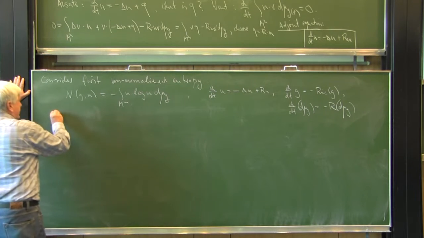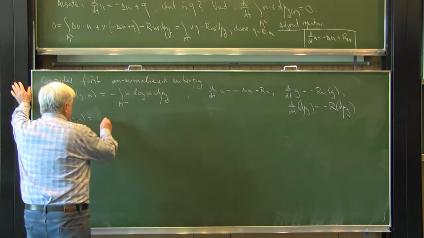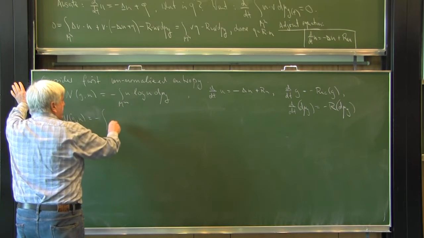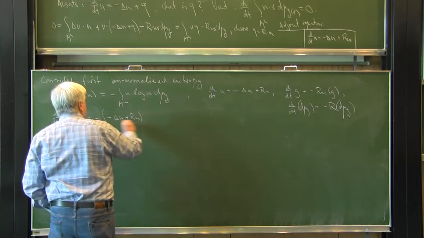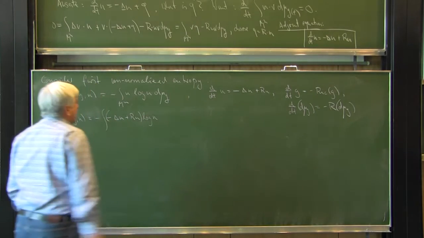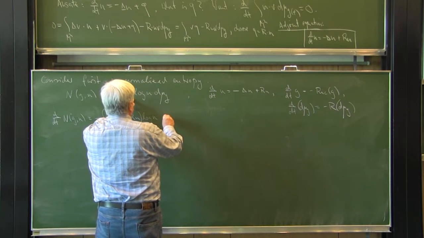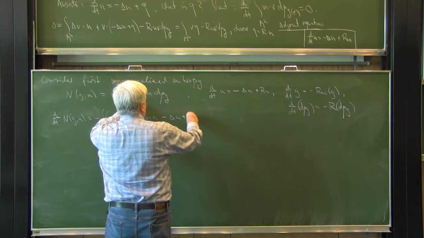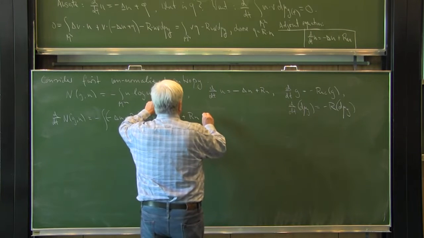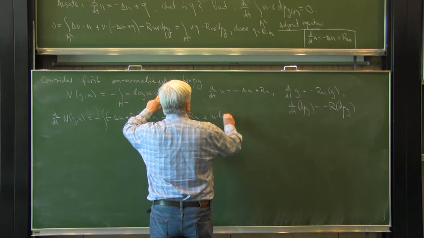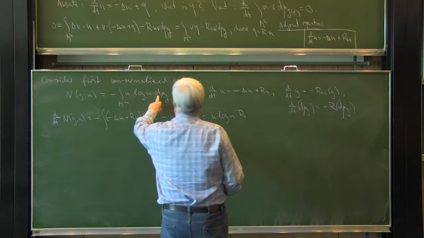So computing this, we get d/dt of N of g of u is equal to minus, and then I get from here minus Laplace u plus Ru times log of u, and then from this term here, 1 over u cancels, so I get minus Laplace u plus Ru, and then from the measure I get plus u log u times minus r d mu g.